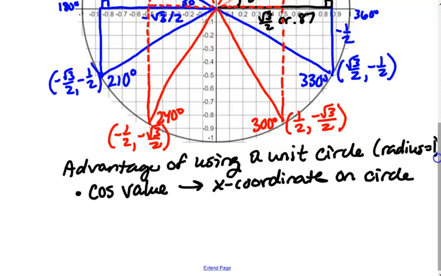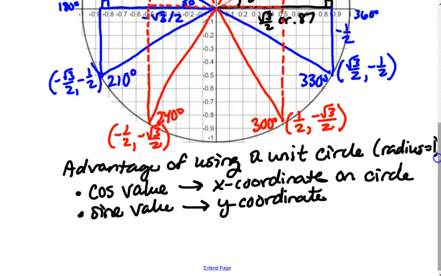So if I want to know the cosine value of a particular angle, I just look at the x-coordinate corresponding to that angle. The sine value is the y-coordinate on the circle. This is going to be really useful when we look for a pattern to draw a graph of the sine and cosine functions. The cosine value is the x-coordinate, the sine value is the y-coordinate.